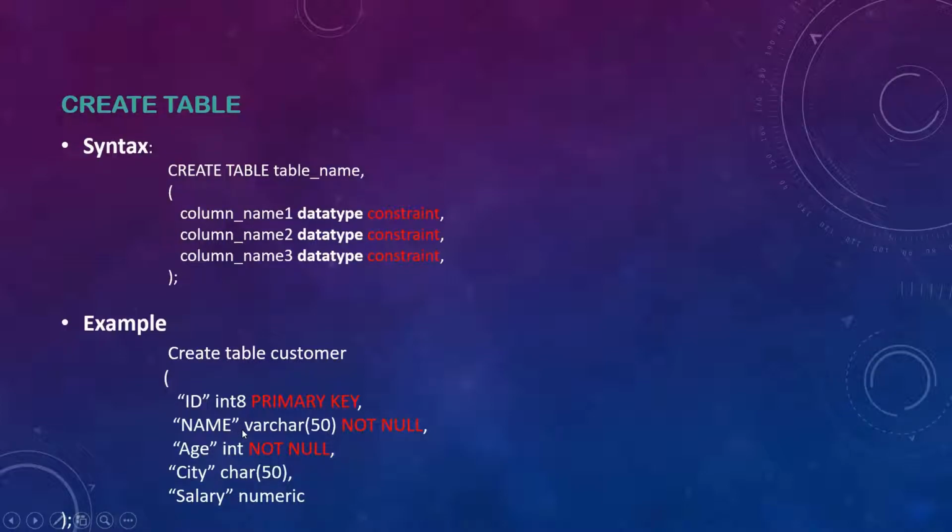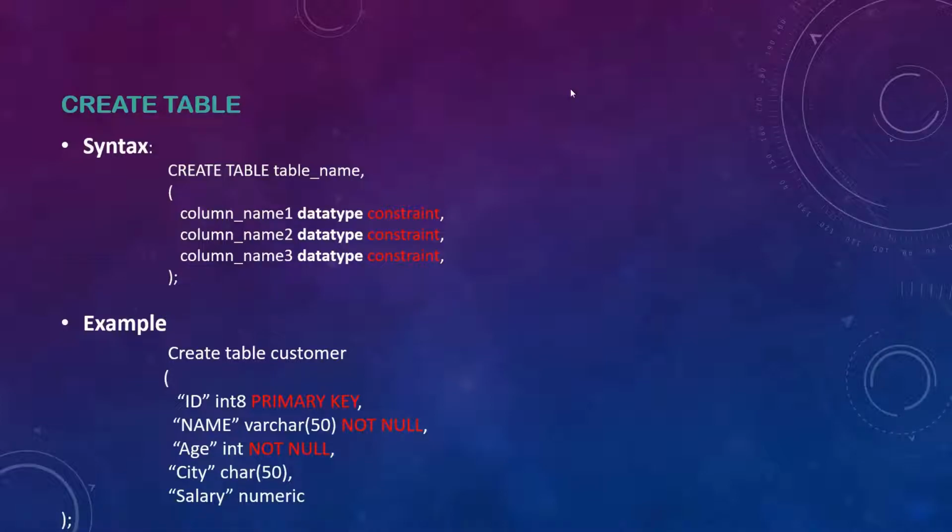Then next is name, varchar, variable character, 50 is the limit, not null. Again, age, integer, not null. Age is a positive number, numerical, that's why int, then not null. Then city is a character, 50, because city is alphabetical, so we give the data type as character, 50 is the limit, then salary.